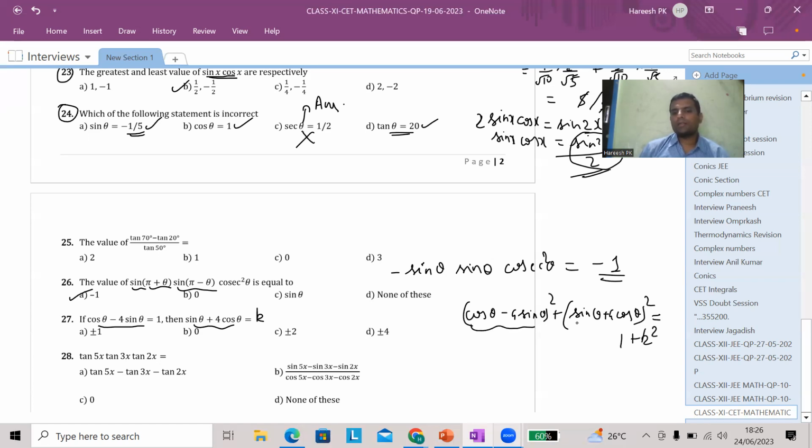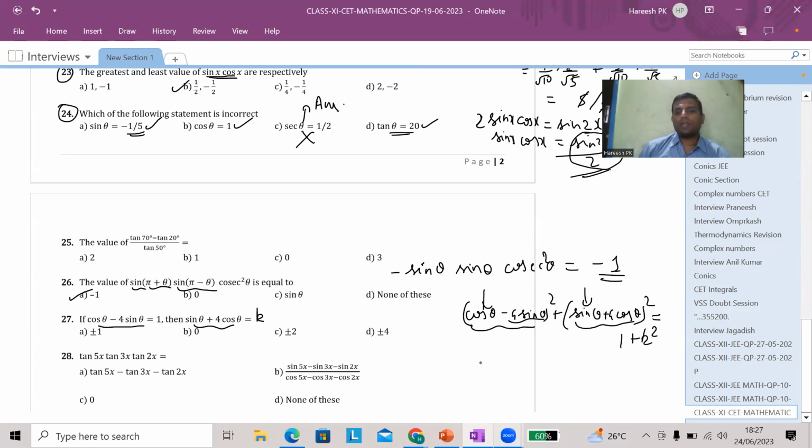Now when you expand here, a minus b whole square is a square plus b square minus 2ab. So ali cos square baratte. Illi cos square anta baratte. And illi sin square. And cos square plus sin square is 1. And here you will also get 16 sin square and 16 cos square.